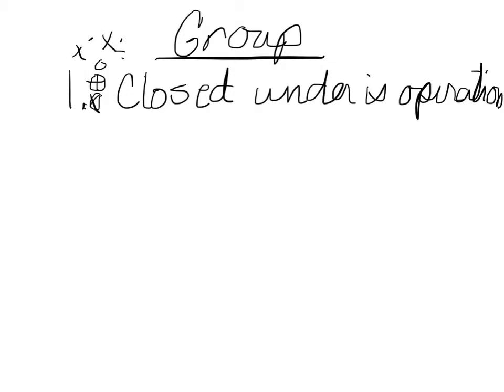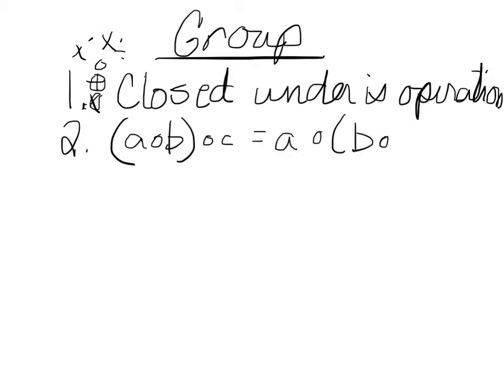And so something is a group, number 1, if it has closure. Number 2, something is going to be called a group if it is associative under its operation. So I'm going to use a little circle here to represent the operation, but even though I'm using a little circle, it could be any other specific operation.